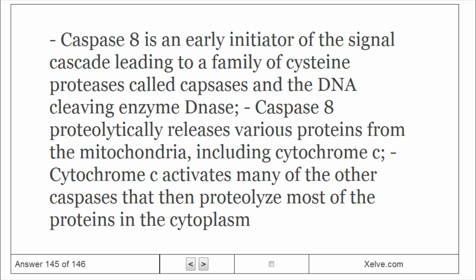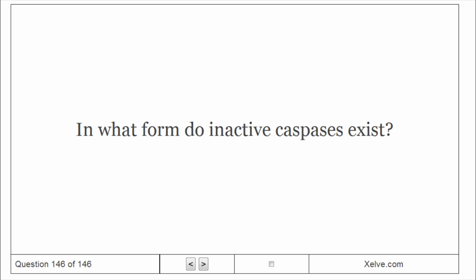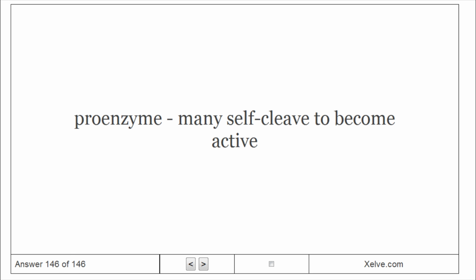Cytochrome c activates many of the other caspases that then proteolyze most of the proteins in the cytoplasm. In what form do inactive caspases exist? Proenzyme. Many self-cleave to become active.